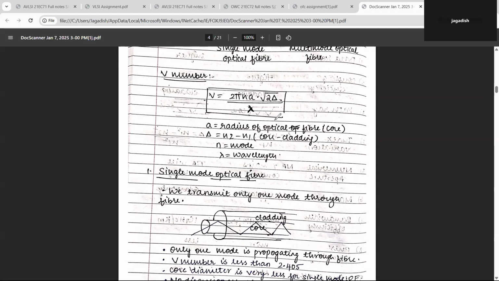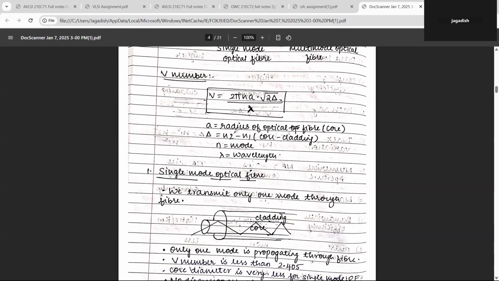V number formula is 2 pi a into square root of 2 delta divided by lambda. Learn this formula, V number. We will do problems later. First theory, later I will do the problems.